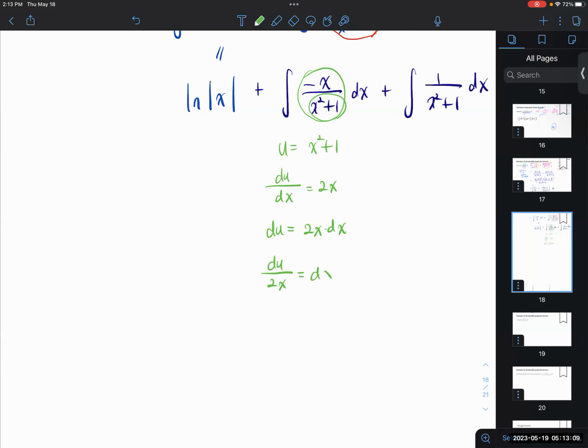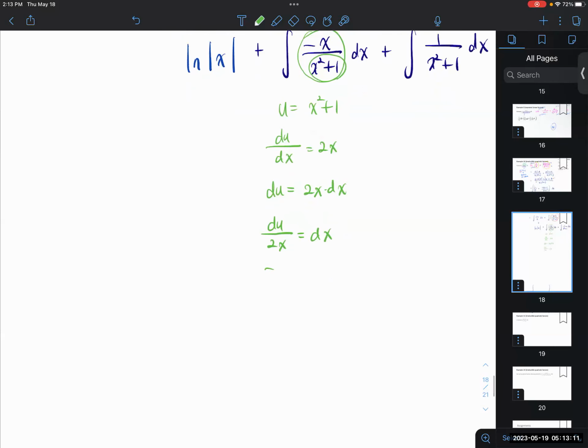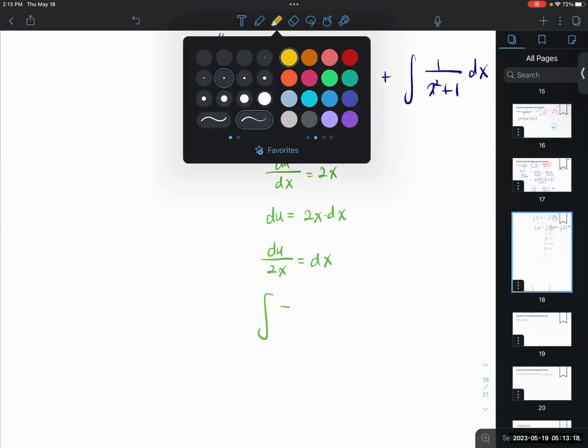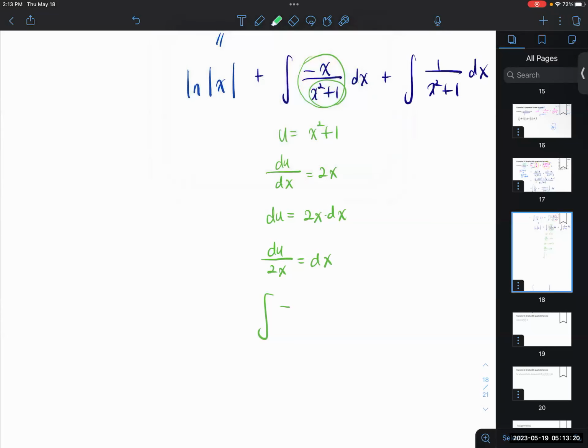So actually this means integral of negative, but we need negative x times dx. So before I do this, I'm going to modify this. I need to find x times dx. So from here, I'm going to divide by 2.